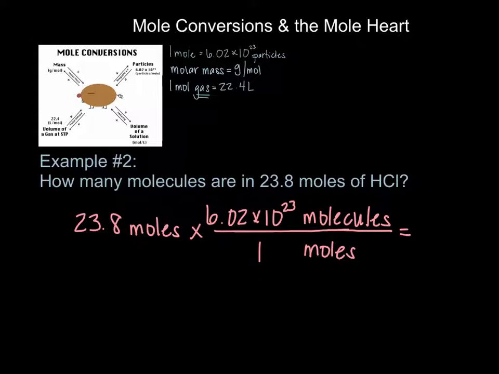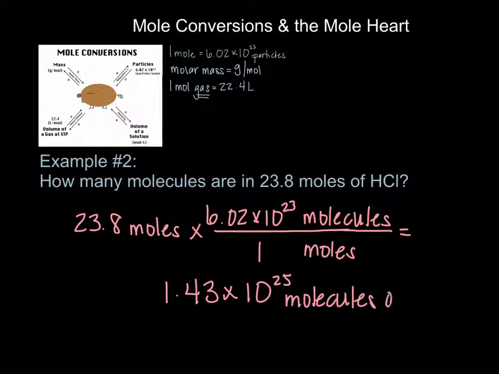And I put that into my calculator, and I get 1.43 times 10 to the 25th molecules of HCl, of hydrochloric acid. So 23.8 moles of hydrochloric acid is the same as 1.43 times 10 to the 25th molecules of hydrochloric acid.